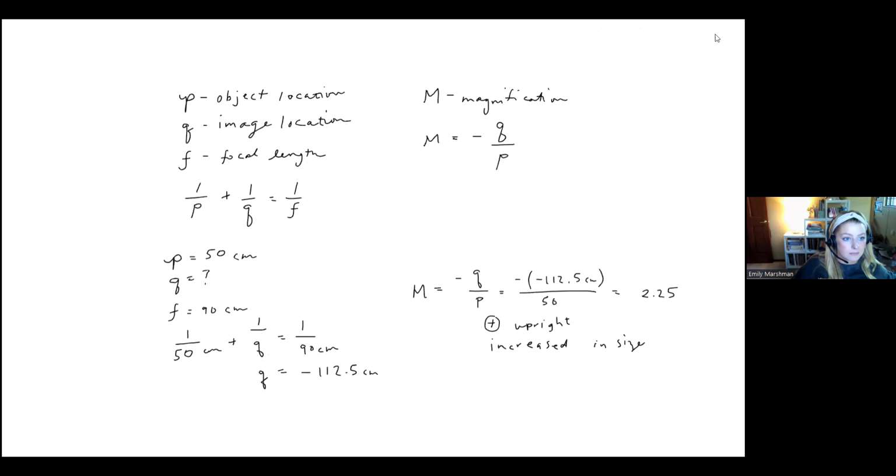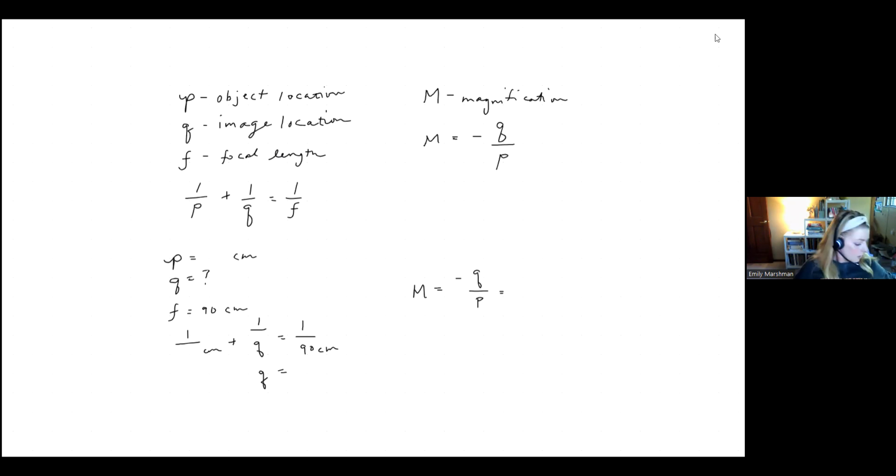So again, let's make a prediction about where the image is and how it's magnified. Okay, I put the object 160 centimeters away.